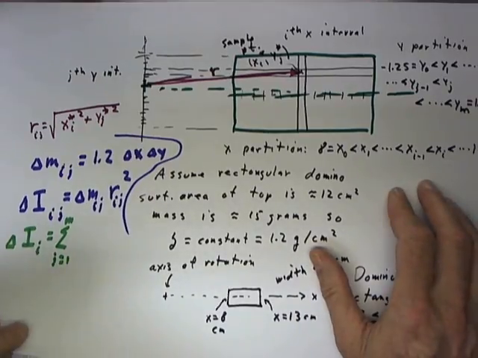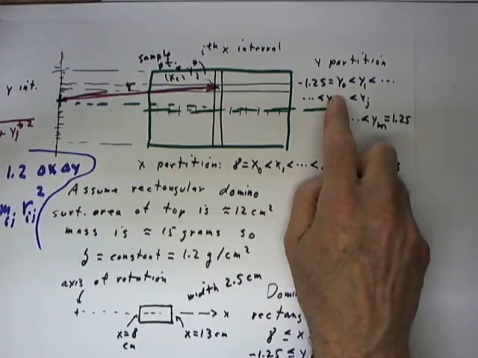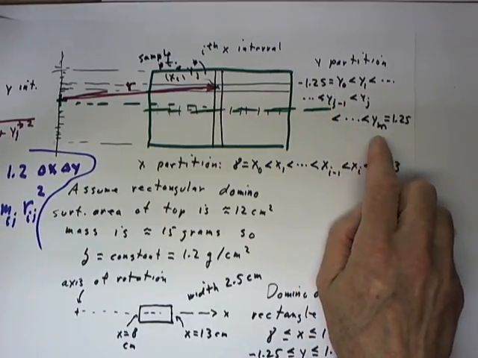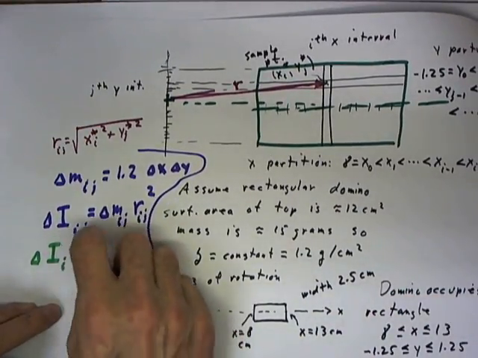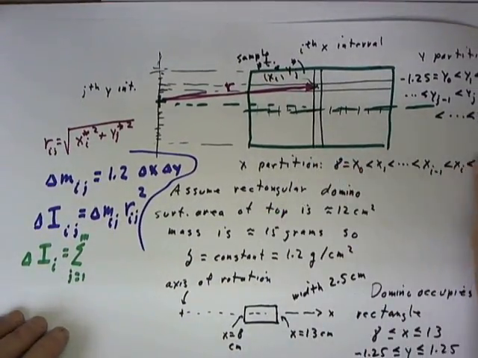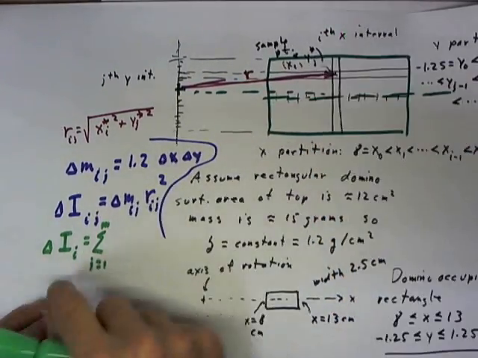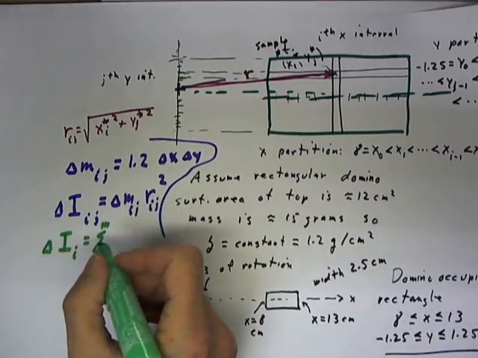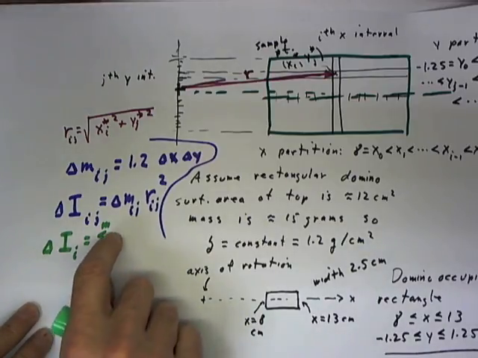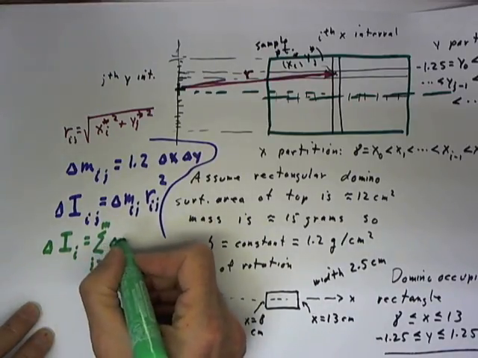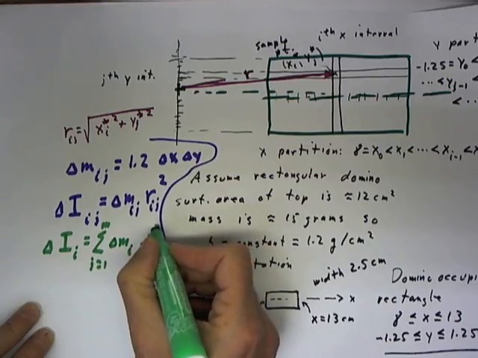And remember that the y partition, from y naught to y sub m, has m intervals, so that this expression is going to contain all of the area increments in the ith strip. So that's going to be the sum over the j's of our delta m ij rij squared.